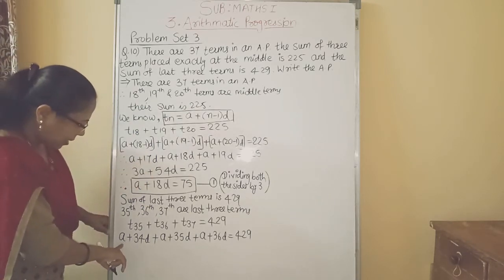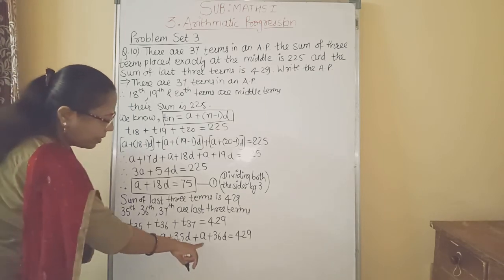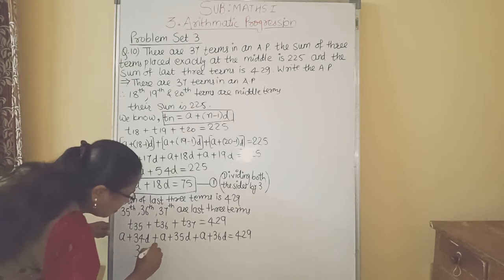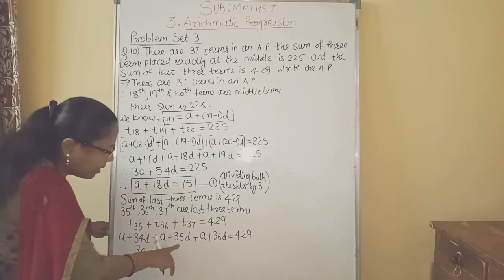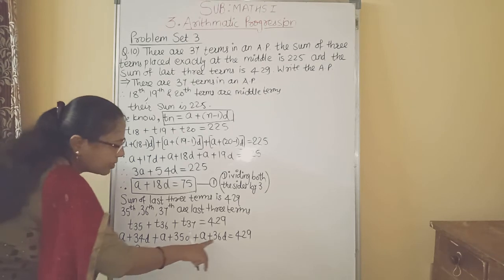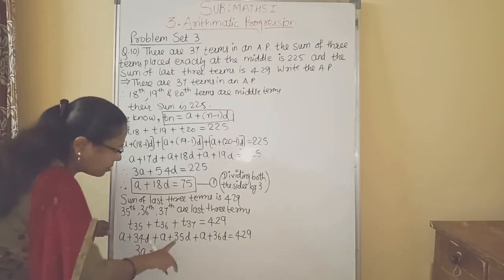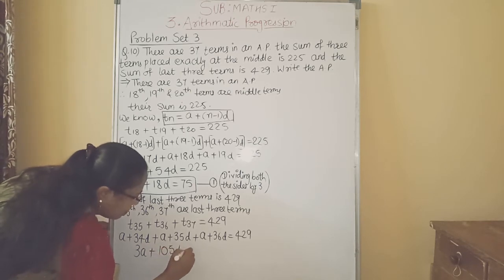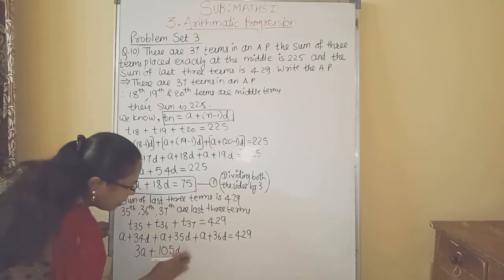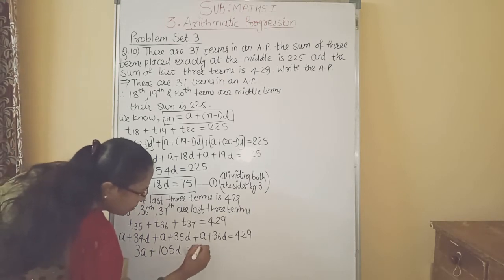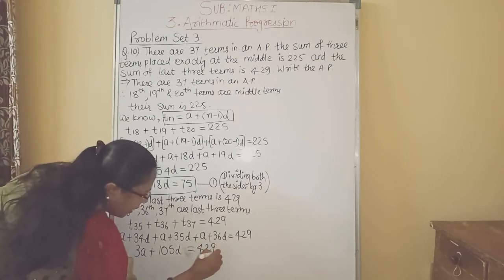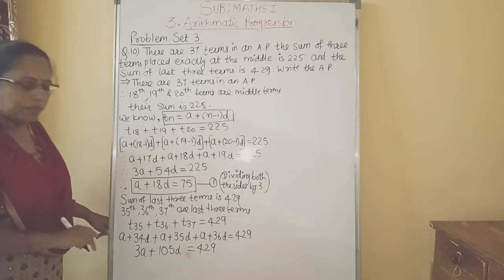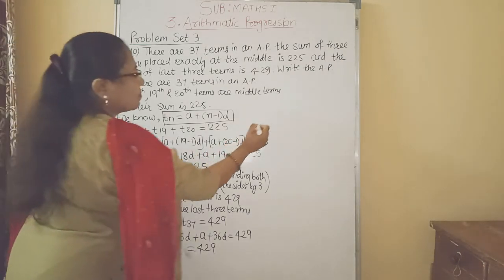Now we will add this. A plus A plus A is equal to 3A. Now 34D plus 35D plus 36D. If you add all these terms, you will get 105D. So 105D is equal to 429. Now here also each term is divisible by 3. So we will divide it by 3.